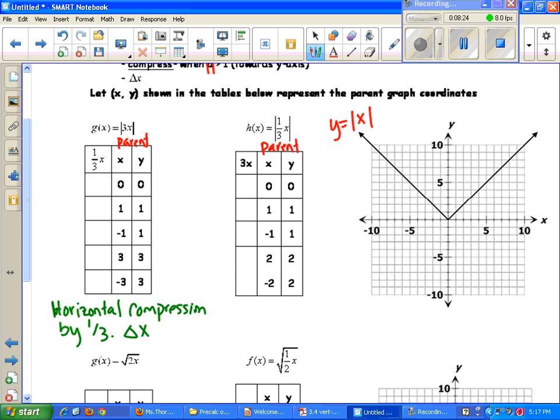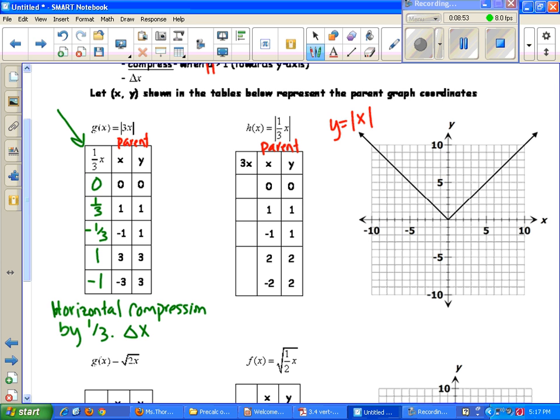So notice that here, at the top of my graph, I put the opposite of what I think goes there. So instead of putting 3x, I put 1/3 x, and then I try to plug in numbers. So 1/3 times 0, because that was our original parent graph, gives me 0. 1/3 times 1 is a third. 1/3 times -1 is -1/3. And 1/3 times 3 gives me 1, and 1/3 times -3 gives me -1.